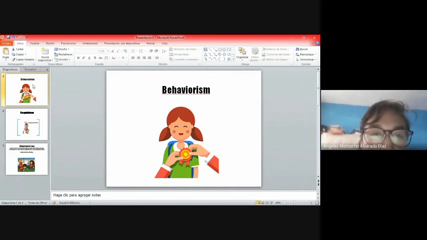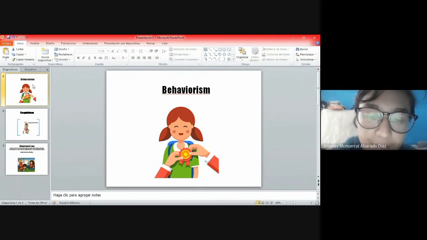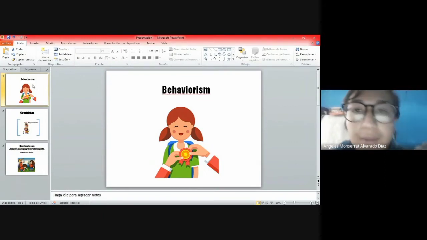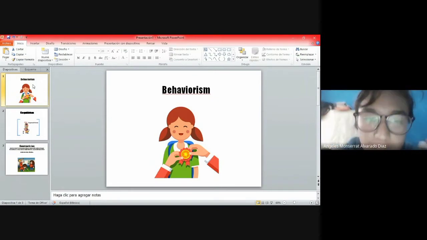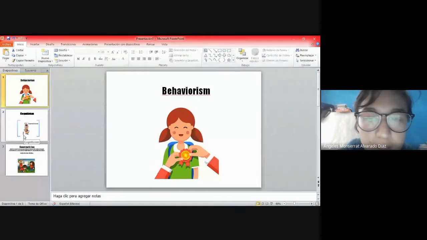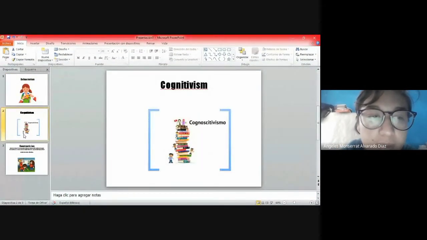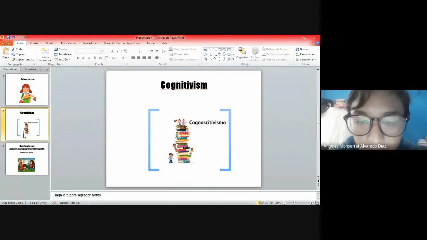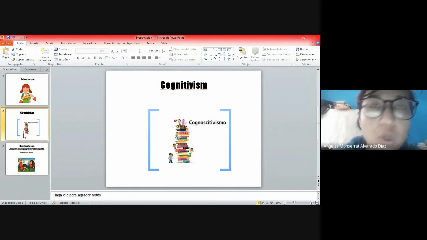Well, the differences between these concepts, cognitivism and constructivism. In constructivism, the mind is a tool of reference for the world.